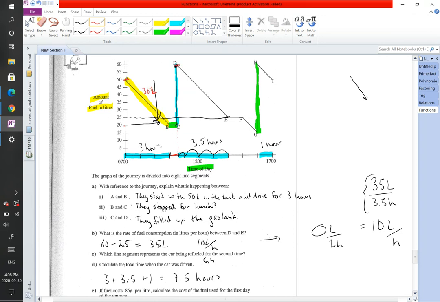Then from D to E, we went from 60 to 25, so that was 35 liters. And in this one here, we went from 60 to 50, so 10 liters. So 30, 35, and 10.